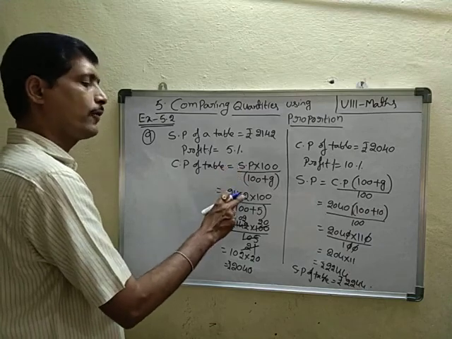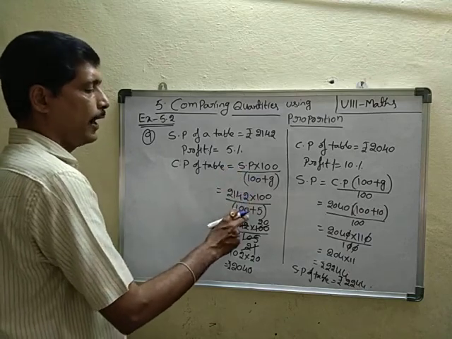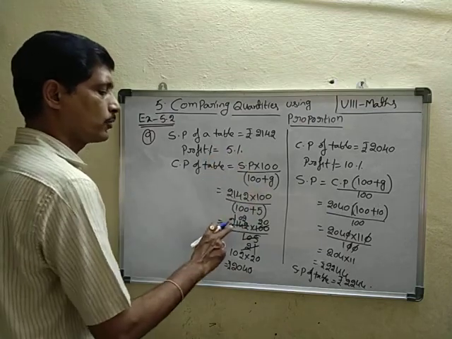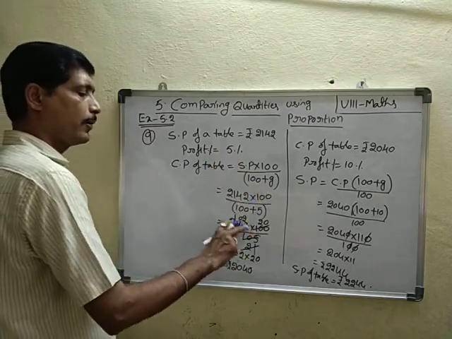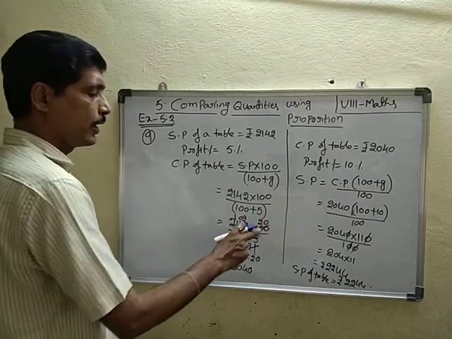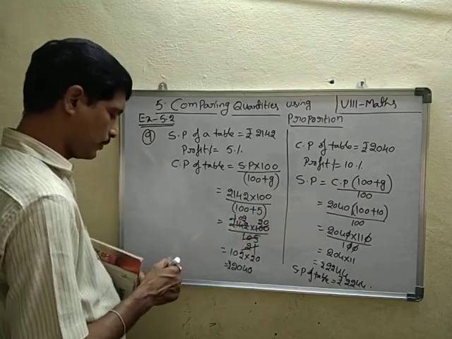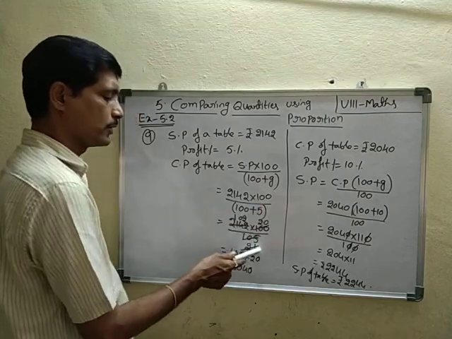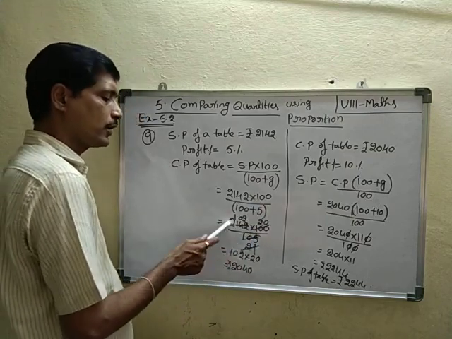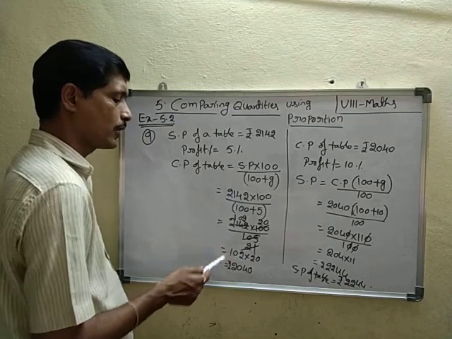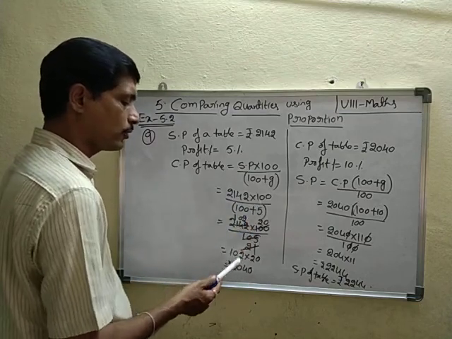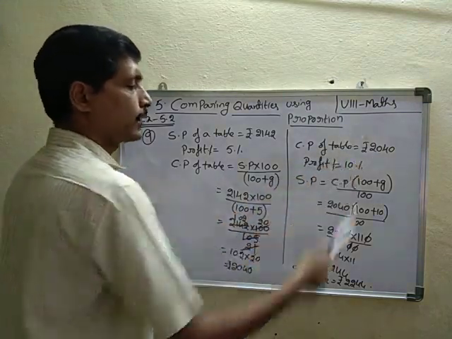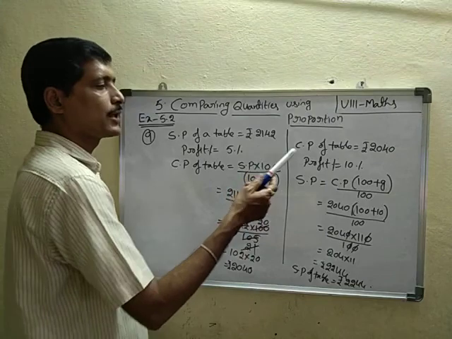So 2142 into 100 by 100 plus 5, that is 105. Here 5 twos, 5 zeros, 5 21s, again 21 ones, 0, 21 twos. Therefore 102 into 20 equals 2040. Cost price of the table is 2040. Again, the person gets a profit of 10%.